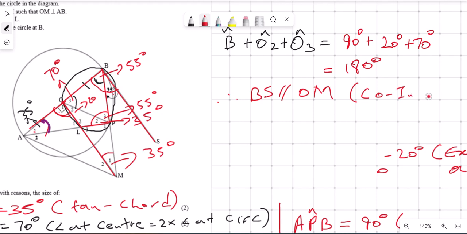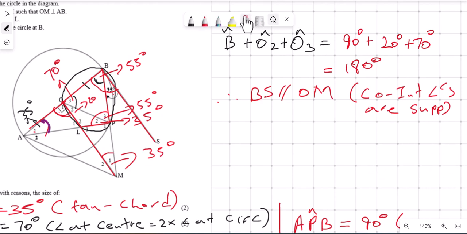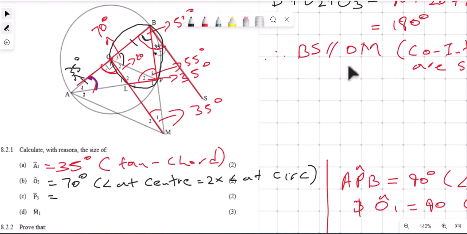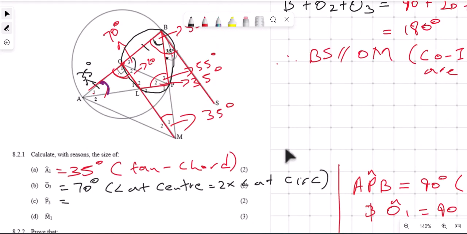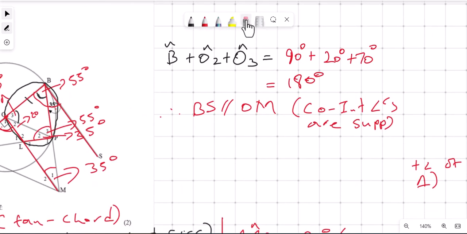Okay, then we are done. There we get our how many marks? 2 marks. Then we can also write it in this way.